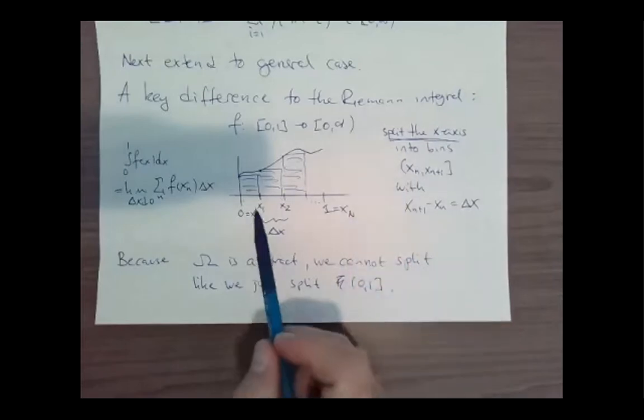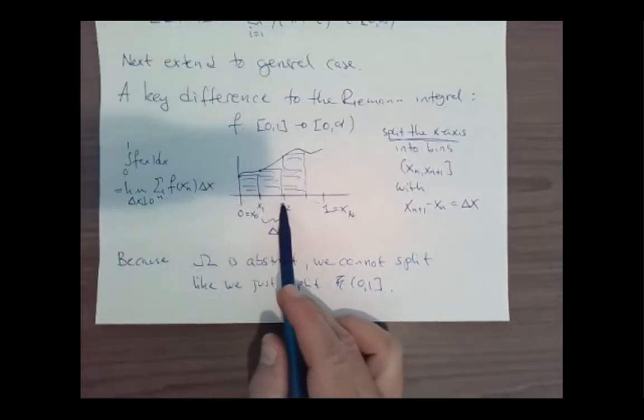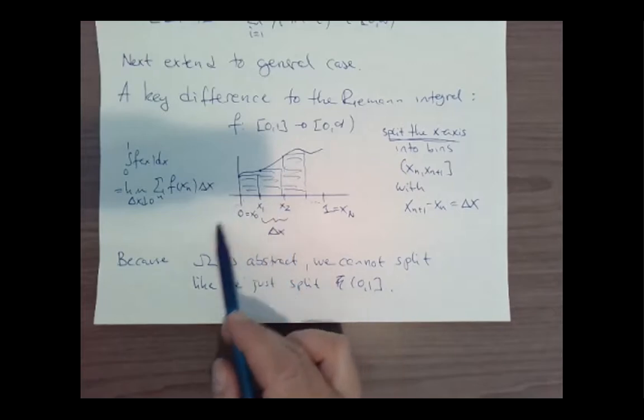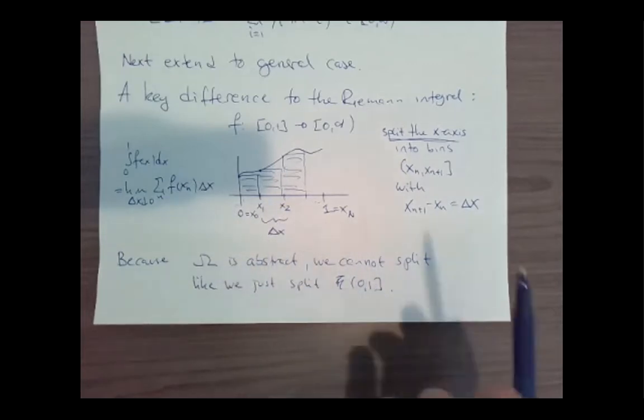If I have omega out here, this omega is not just a segment of the real line. It's much more general. So we cannot just split it like we just did. There's no way to do that.